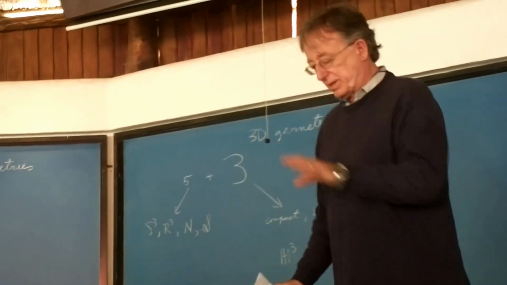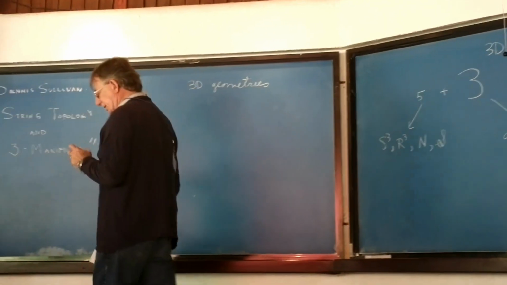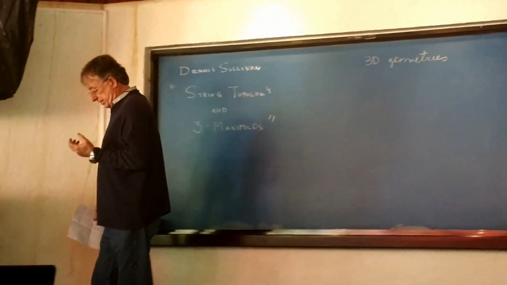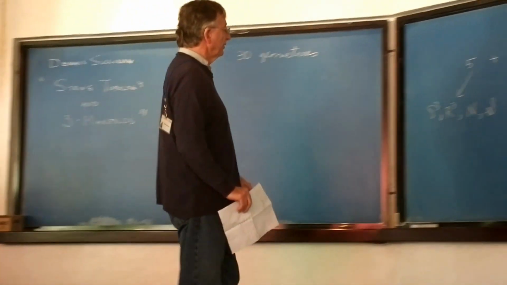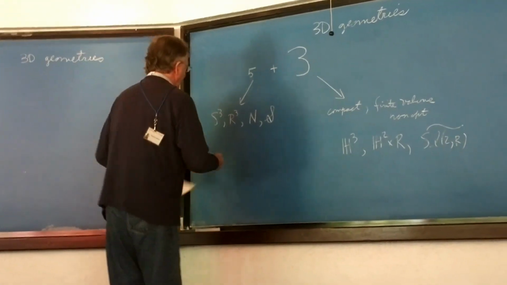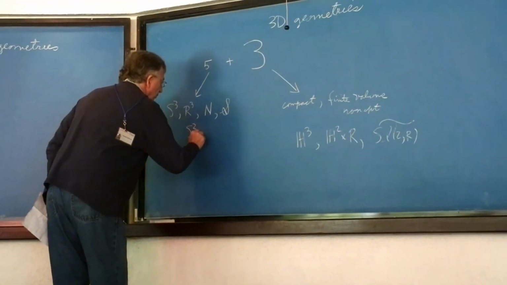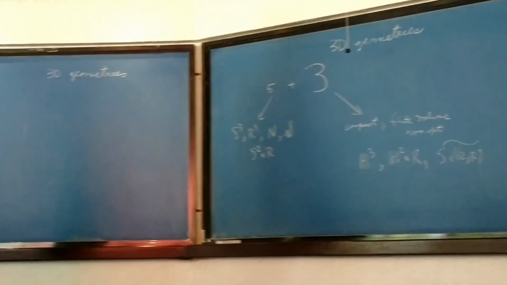The invariant measure, the volume form of the left invariant metric, is also invariant under right translation. So that's it, no, there's one more. Oh yeah, S2 cross R. So those are the 8 geometries written that way.